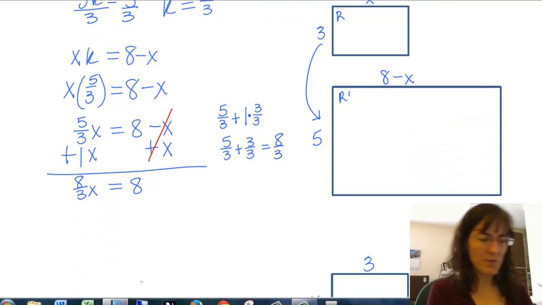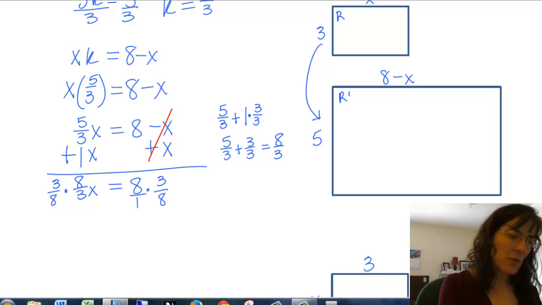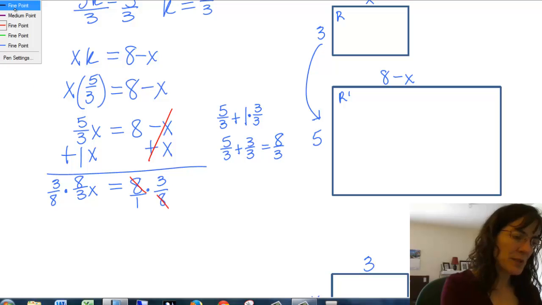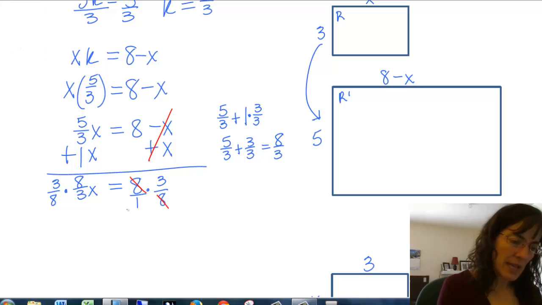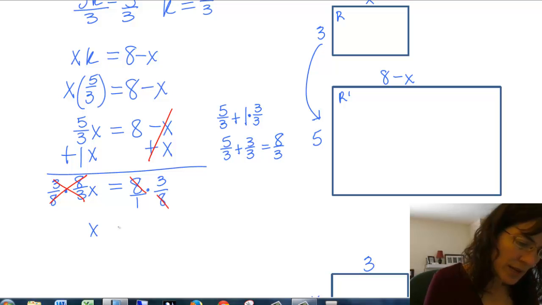I'm nearly finished. I just want to multiply by the reciprocal, 3/8 on both sides, and think of it as an 8/1. And when I'm doing that, my 8's reduce, and that was handy. And on the left-hand side, everything reduces, and I end up with just a plain old 1, or 1x, and then I have x equals 3.